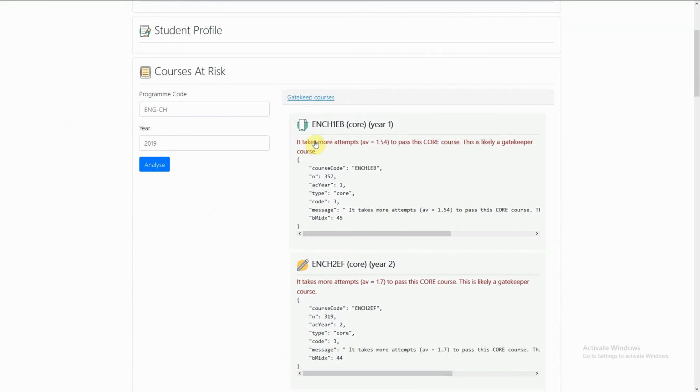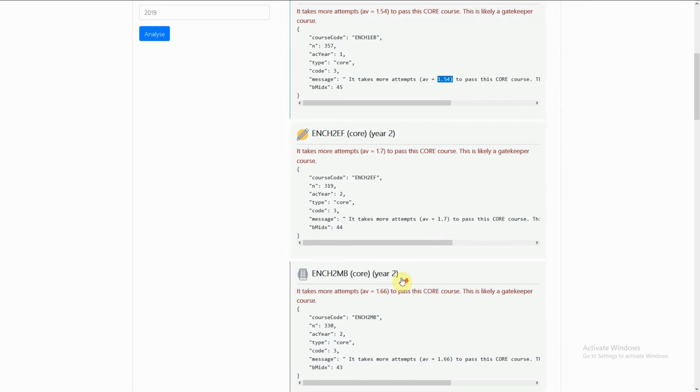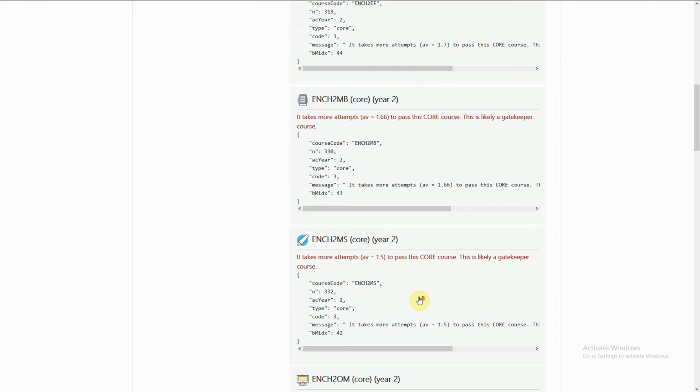So these are courses that occur early on in the academic program and where there are multiple attempts required to pass this course. And so we can see here, for example, it takes 1.54 attempts before this course is passed. And so we have a list here of all such courses.